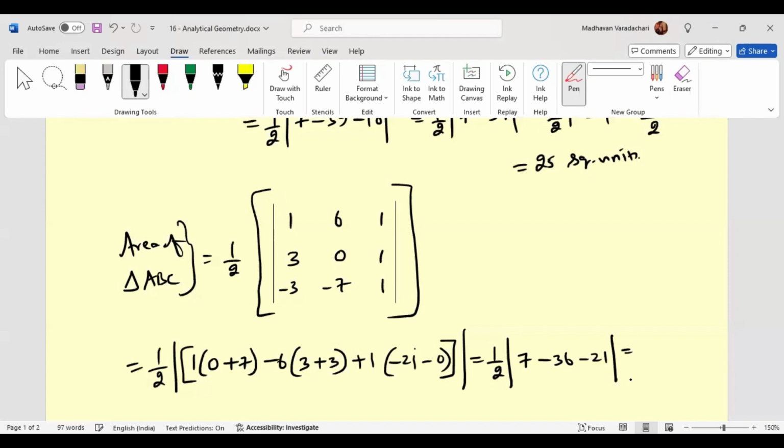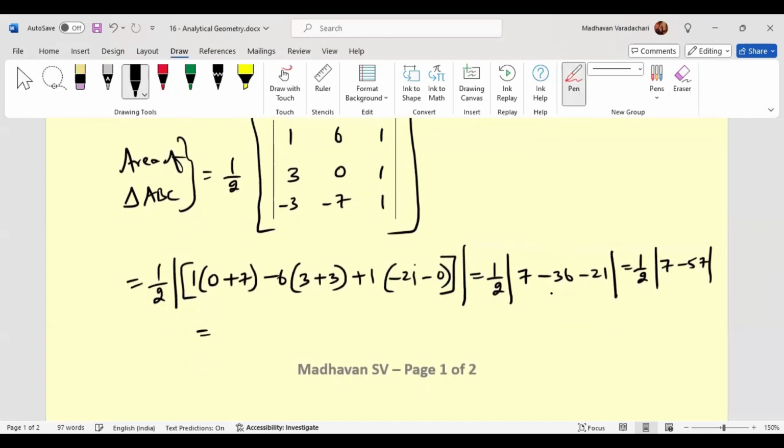So that will give us 1/2 times 7 minus 57. Again, this is negative 50, modulus of negative 50 is 50 by 2. So you get 25 square units. So we can either use that expanded formula or we can use the determinant to evaluate this.